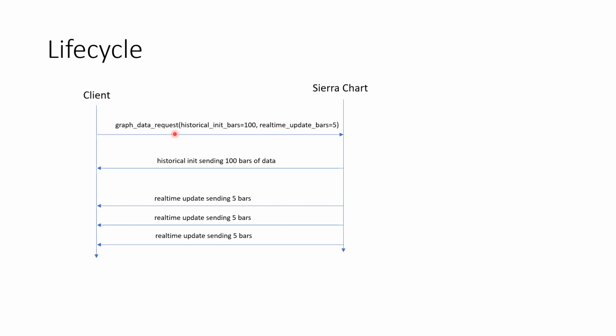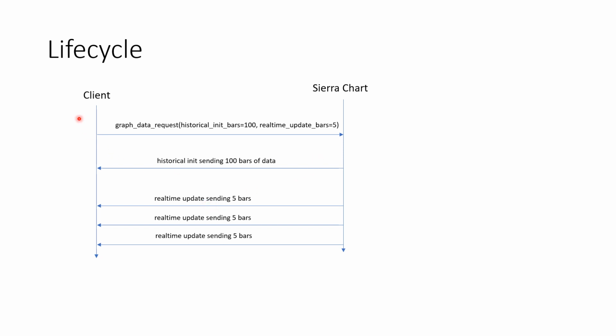So the request goes to CR chart. On the CR chart side, initially it'll send back the last 100 bars on the chart. And after that, it'll send 5 bars on each update.